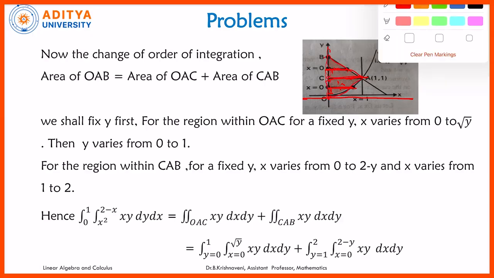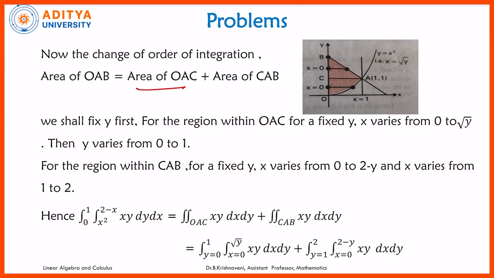So let us evaluate the double integration in each case, and finally the total will be equal to the summation of those two integrations. First, for the region OAC, for the horizontal strip we have to fix y. Now x varies from 0 to the curve, that is root y, and y is from this point to this point, that is 0 to 1.